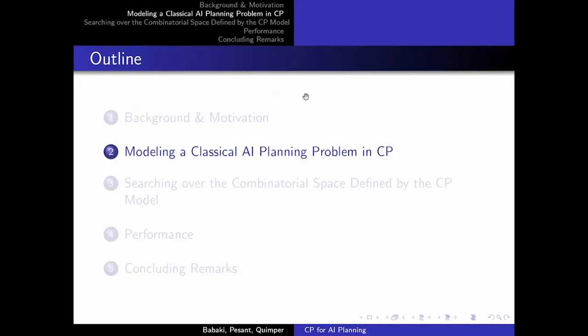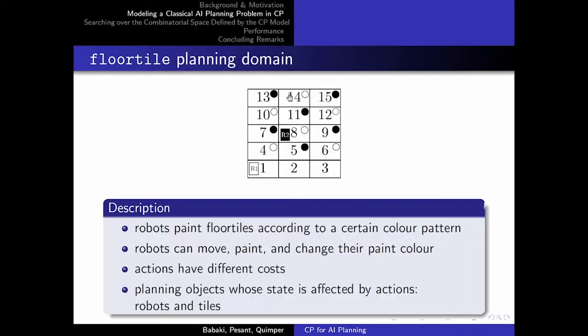So how do we model a classical AI planning problem in CP? Consider the well-known floor tile planning problem. You have a tiled floor. Some of those tiles need to be painted a particular color. And you have a set of robots on that floor. They can move around, they can paint tiles, and they can change the color that they use to paint the tiles.